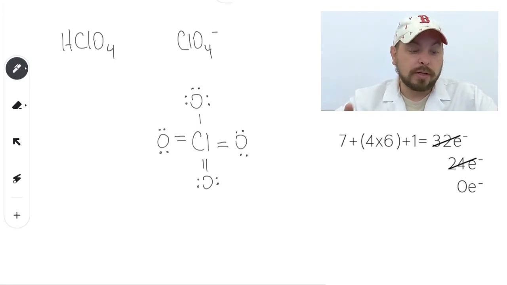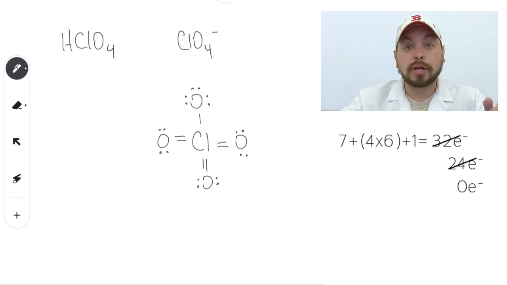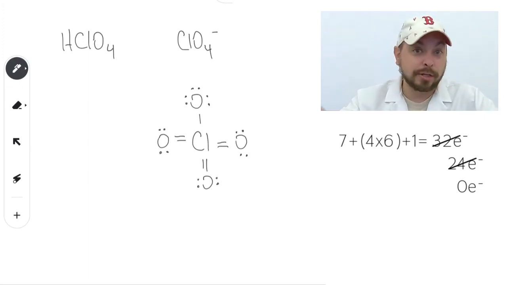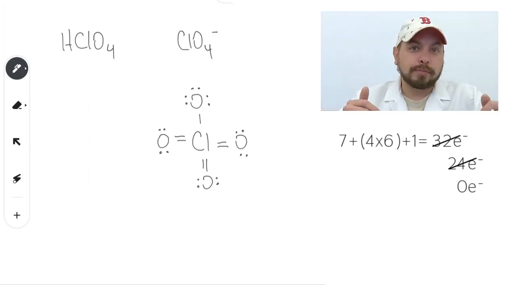That's really good. Each oxygen with a double bond has a formal charge of 0, and the one oxygen that has 7 electrons that it owns has a formal charge of -1. But oxygen's the most electronegative atom here, so that's not bad. That's actually good. In fact, perchlorate is going to experience resonance as a result of this.